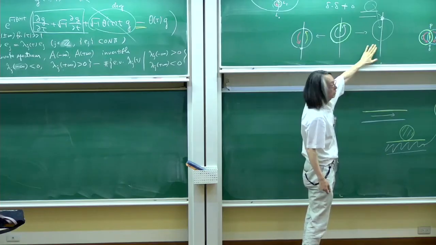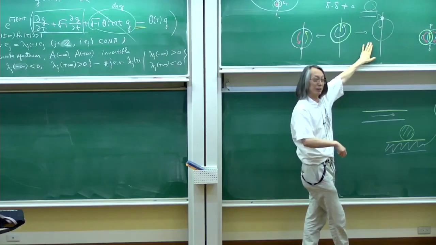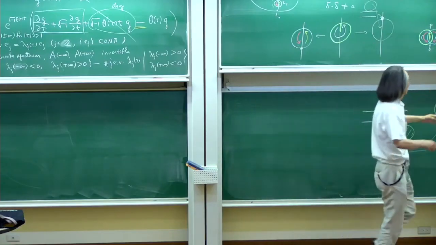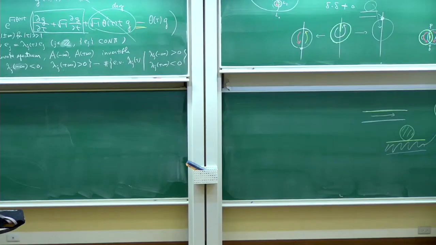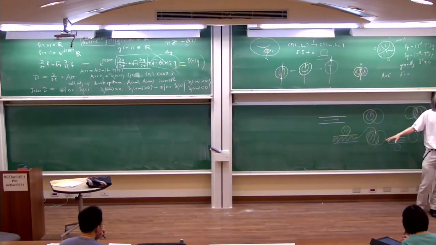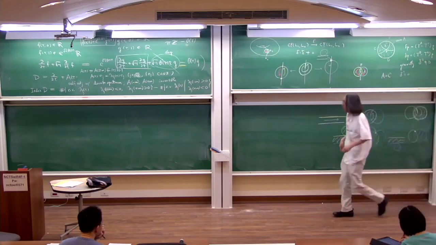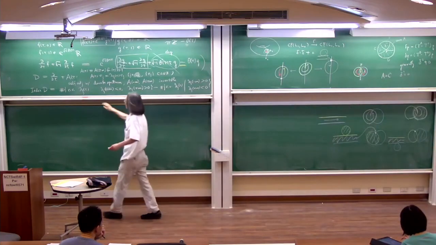So such a thing must be compensated by other effects. So this says that if something happens on one side and a similar thing happens on the other side, these two effects can cancel. So therefore, maybe I may keep saying this more.